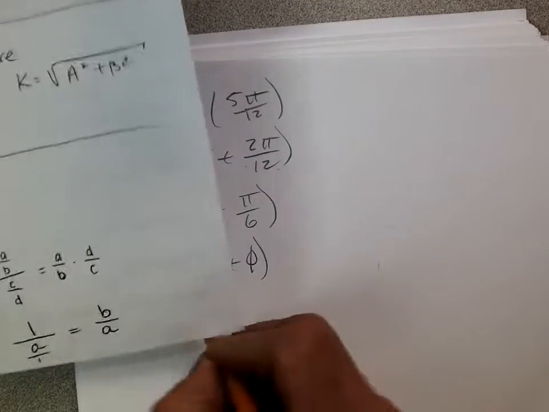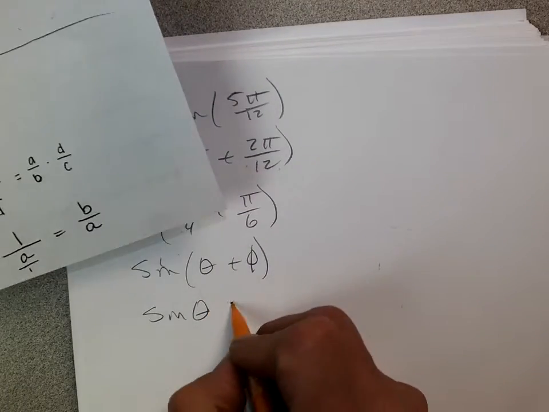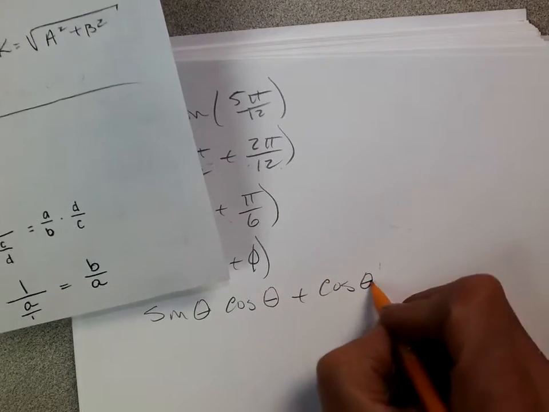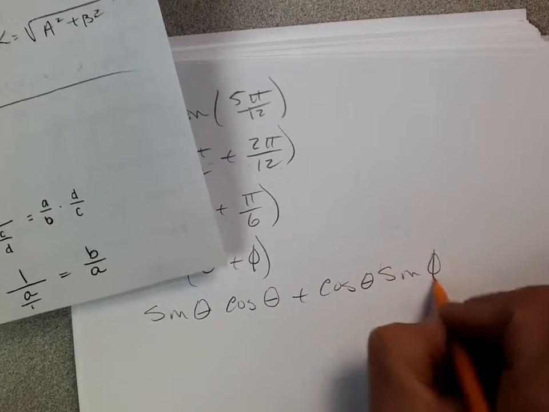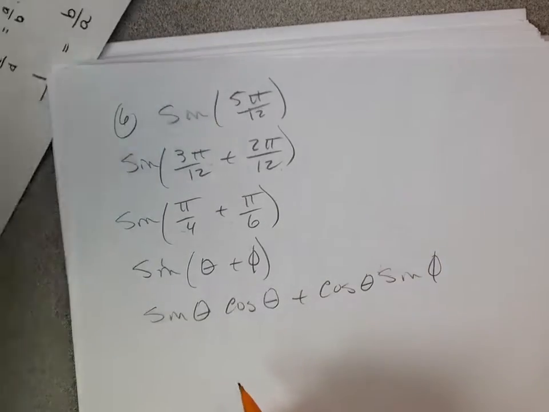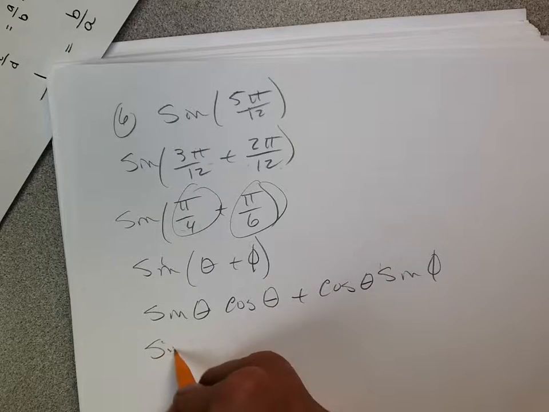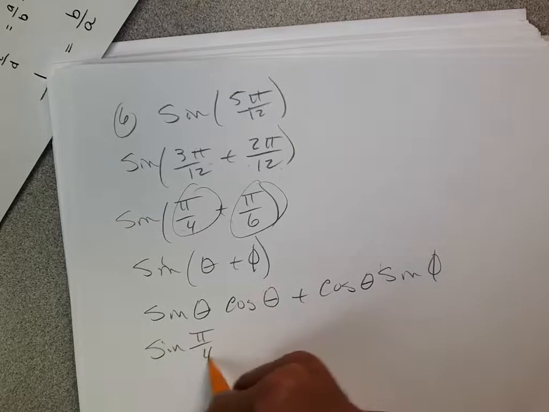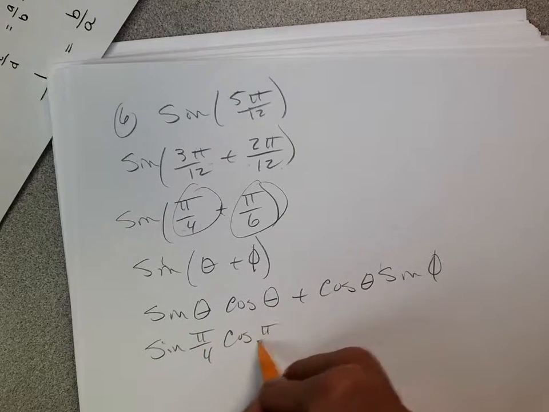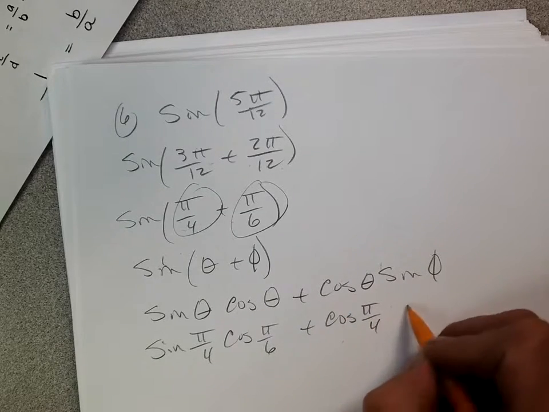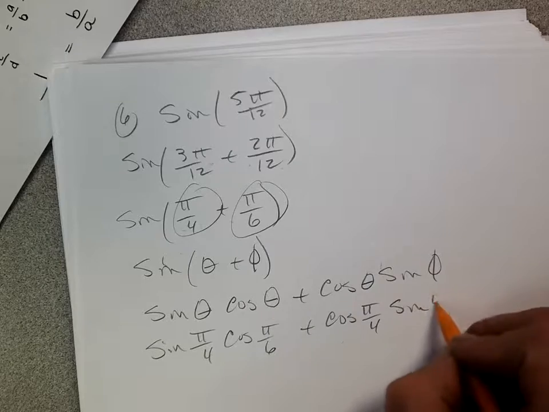So I'm going to just rewrite that for us. So we're looking for a sine theta cosine phi plus cosine theta sine phi. That's our identity. Let's plug in pi fourths and pi 6. Okay, so we'll go sine of pi fourths cosine pi 6 plus cosine pi fourths sine pi 6.